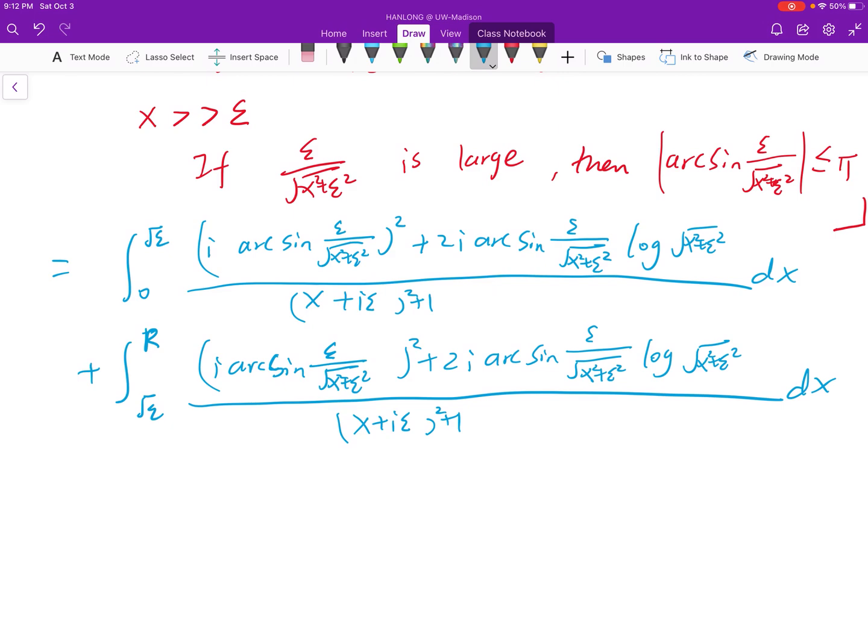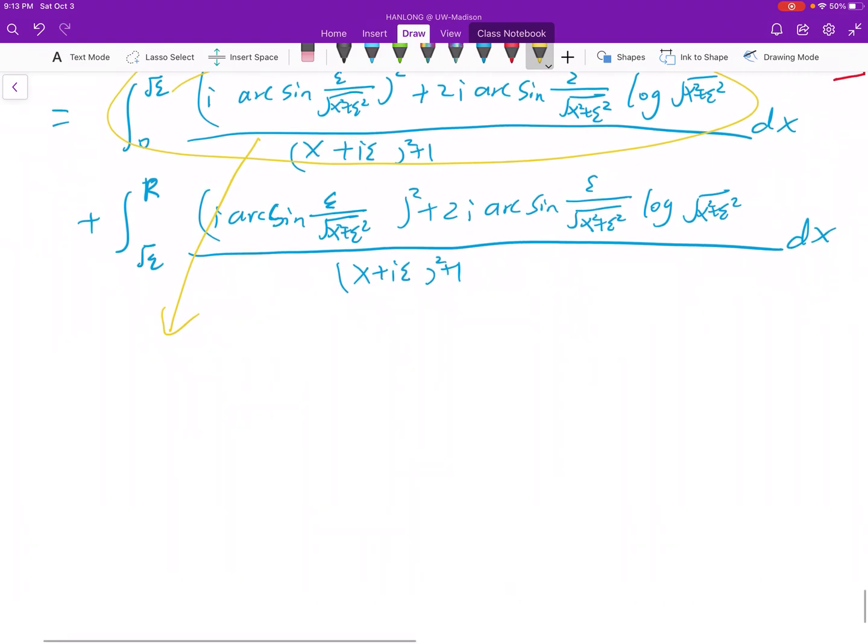Okay, now for the first part, we have the following estimate. Let's call it J41.